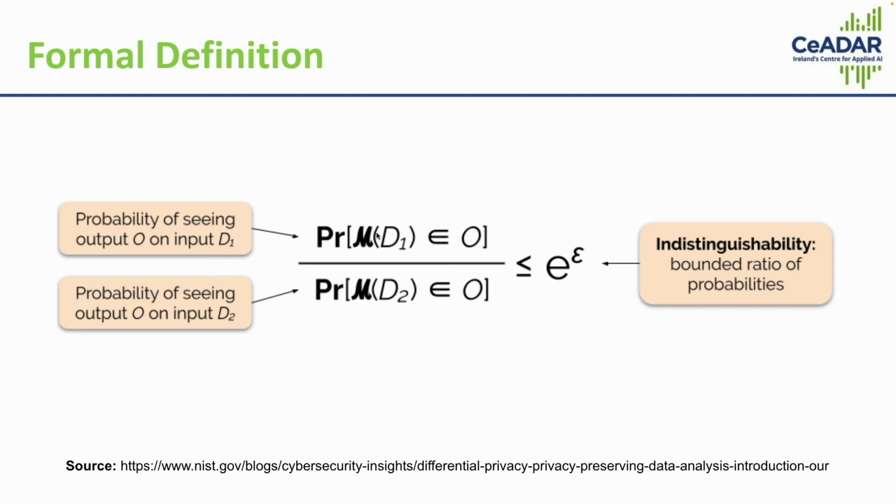And another advantage of differential privacy is that it adds up. For example, if you do 2 or 3 analyses, M1, M2, and M3, the privacy budget of them would add up. So epsilon 1 plus epsilon 2 plus epsilon 3. So they are commutative. This also leads us to another feature of differential privacy.